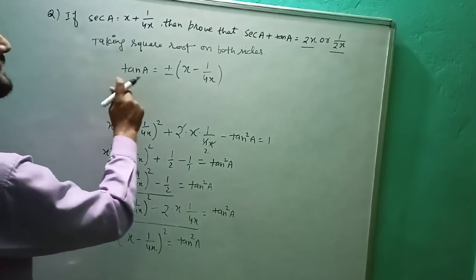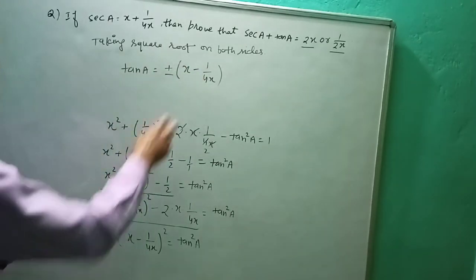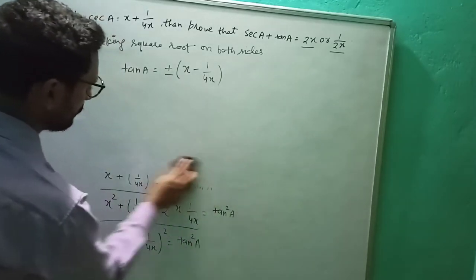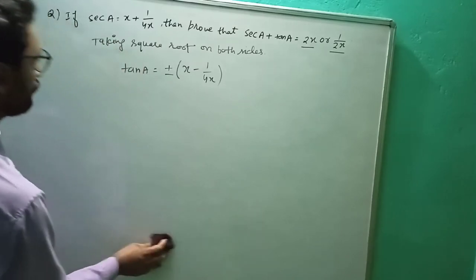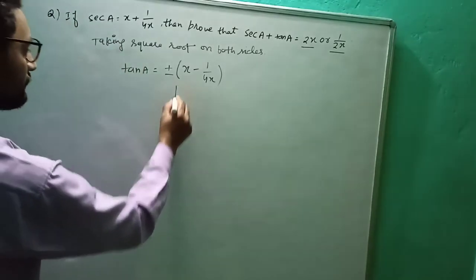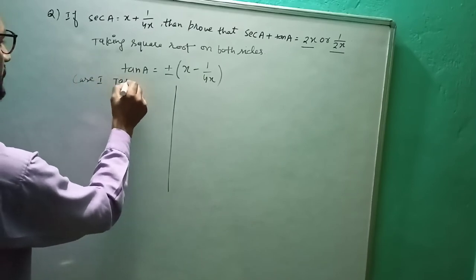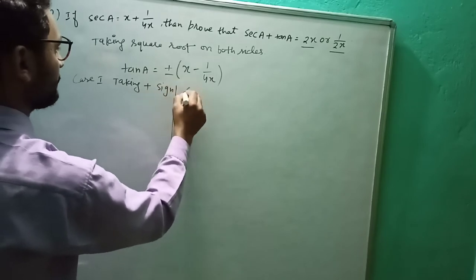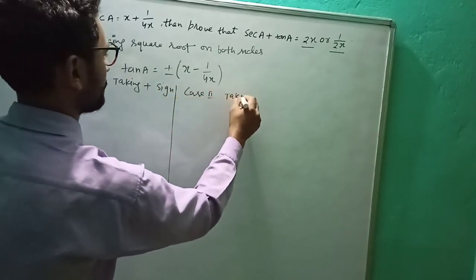Okay, now there are two possibilities for this equation: either 10a may be positive or negative. So now we have to think about two different cases. Here we go for case first, which is when we take the positive sign, and this is case second, taking the minus sign.